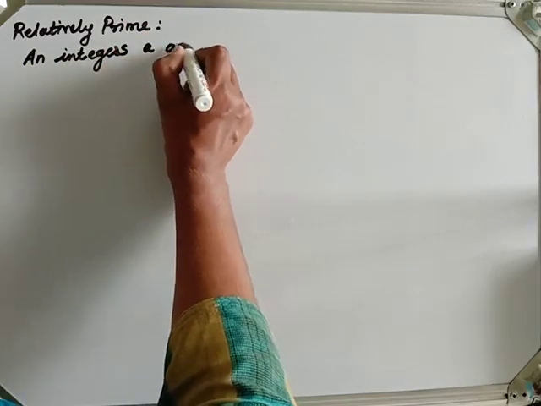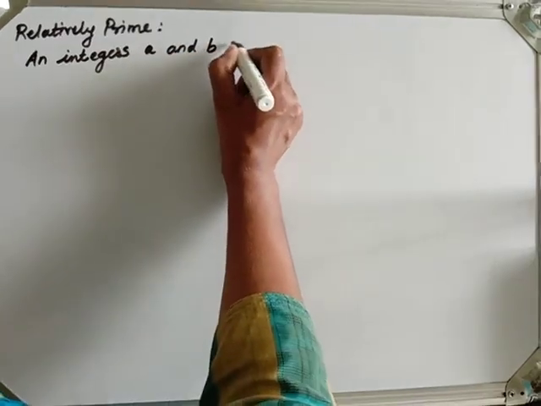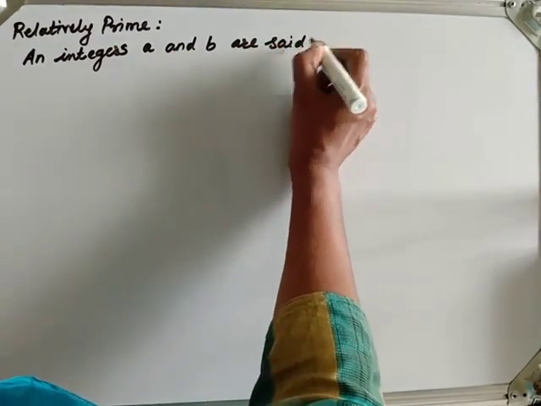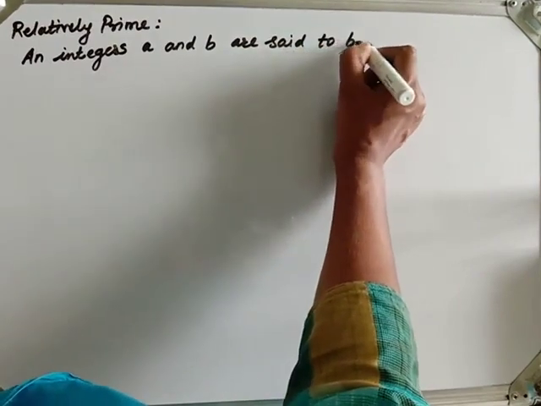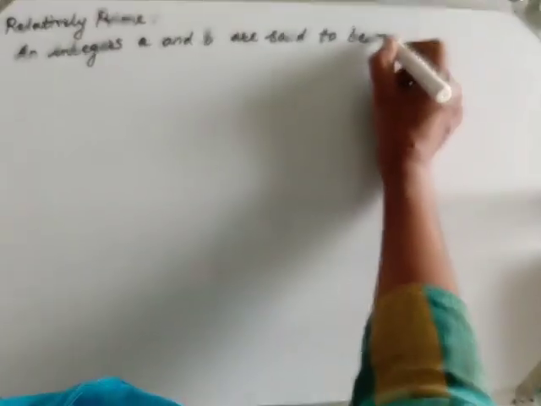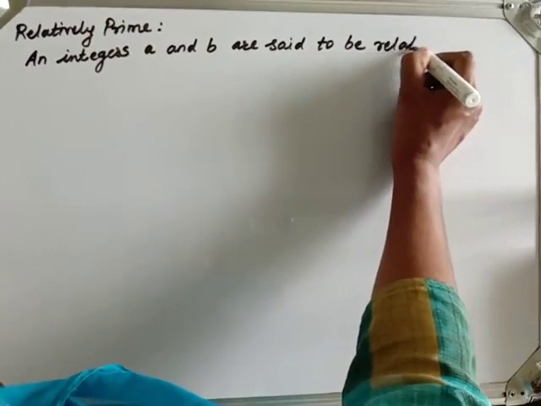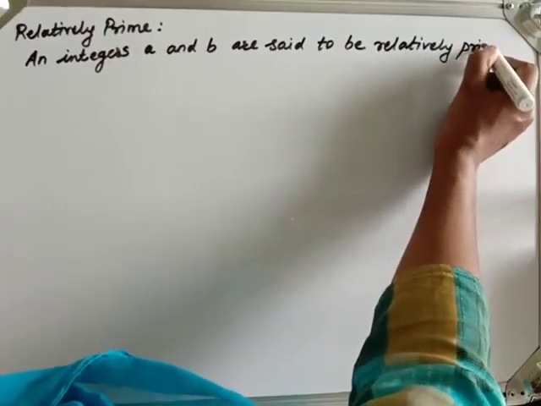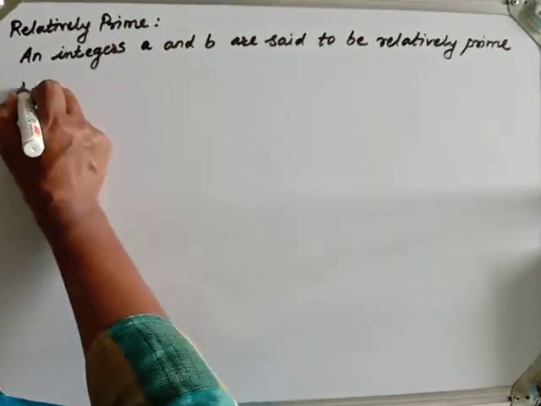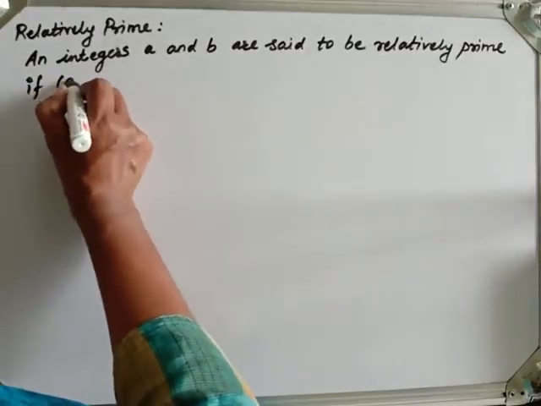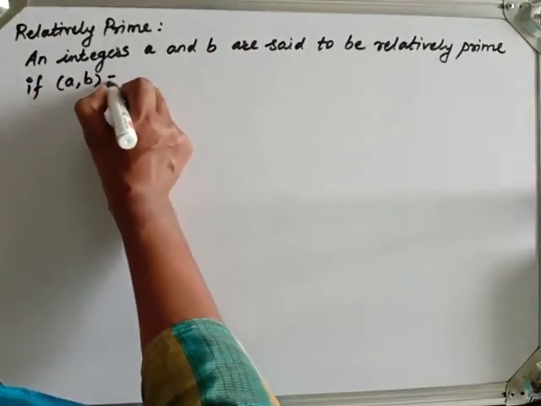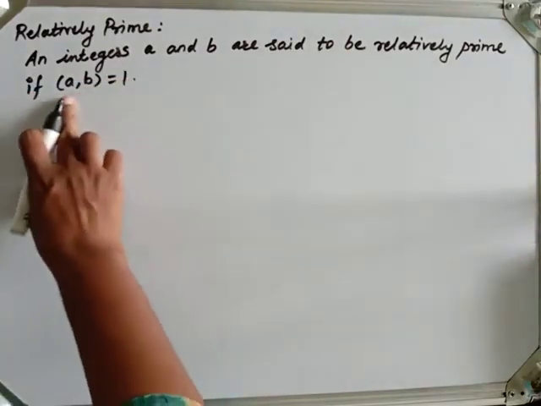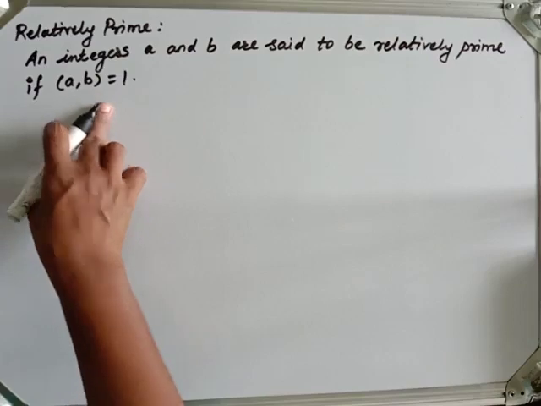Integers a and b are said to be relatively prime if the GCD of a and b is 1. This is the notation for GCD.